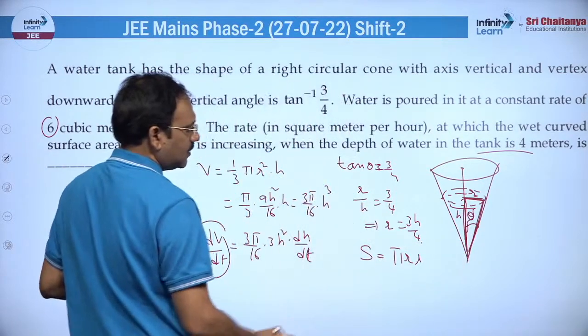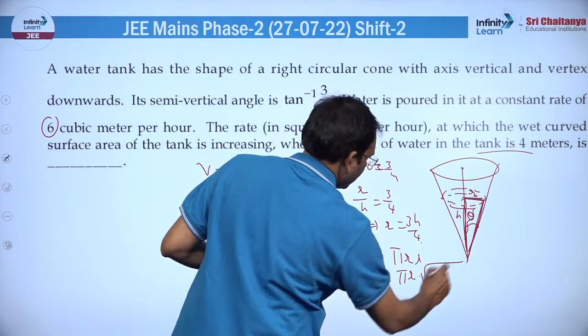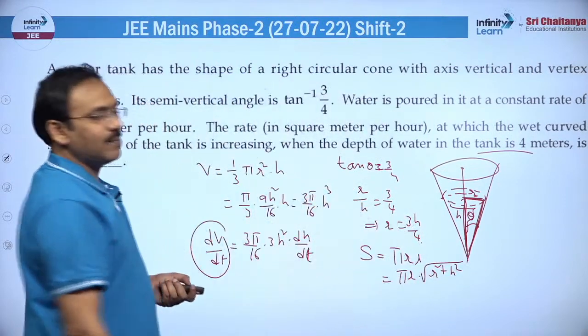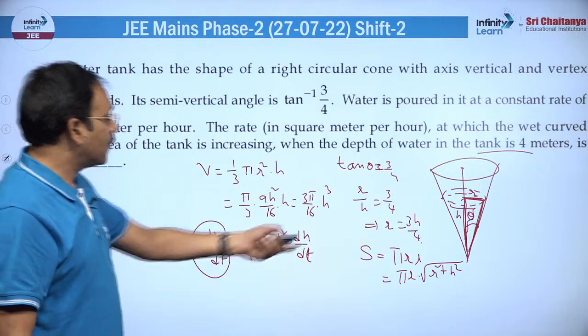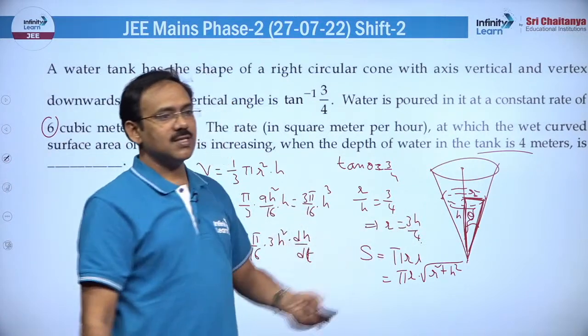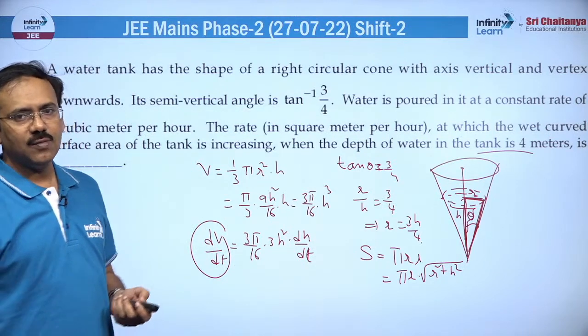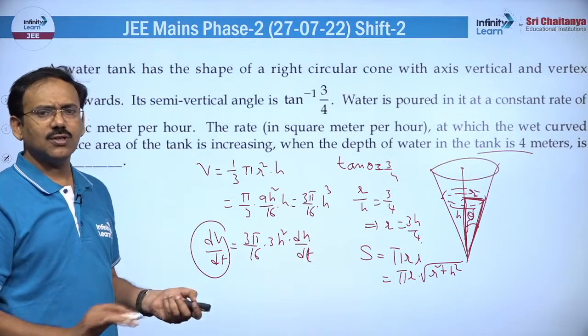Slant height is root of r square plus h square. This also you can convert into h, then apply dS by dt, where you require dh by dt, which you can substitute from here. You are going to get the answer as 5 meter square per hour. That's all. Standard question, routine question, but time taking.